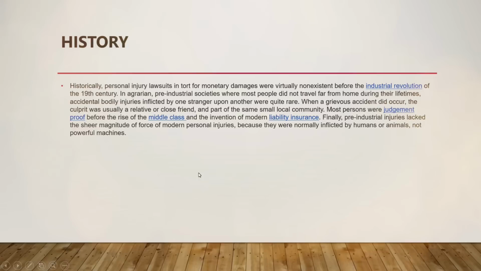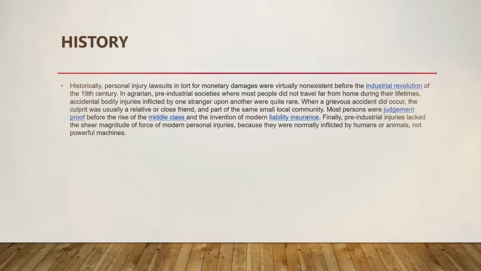Historically, personal injury lawsuits in tort for monetary damages were virtually nonexistent before the Industrial Revolution of the 19th century. In agrarian pre-industrial societies where most people did not travel far from home during their lifetimes, accidental bodily injuries inflicted by one stranger upon another were quite rare.